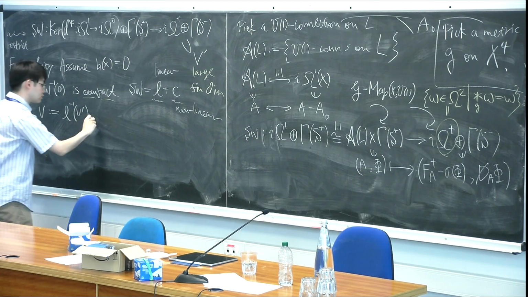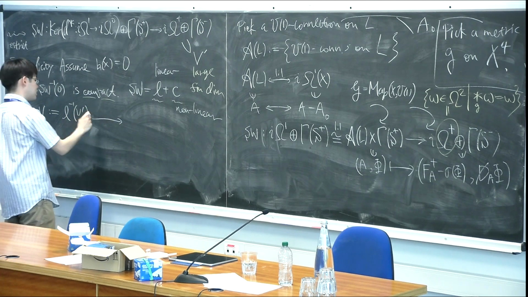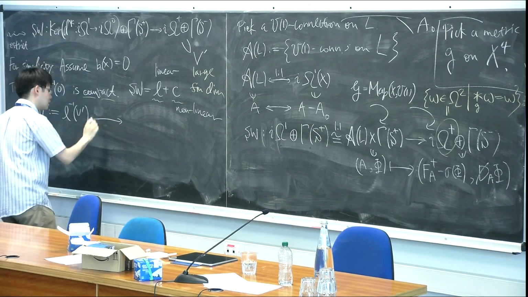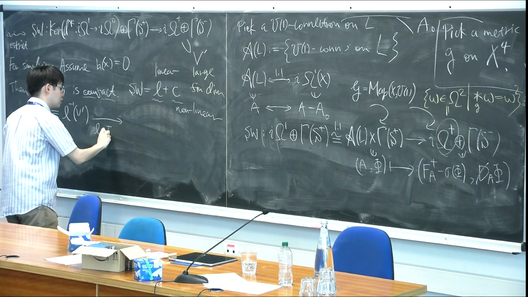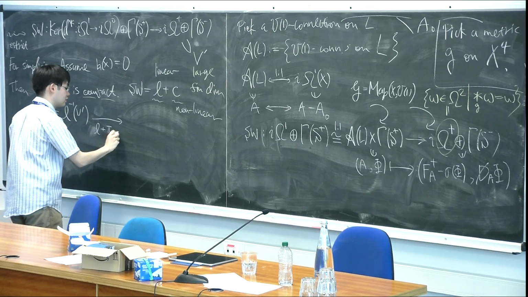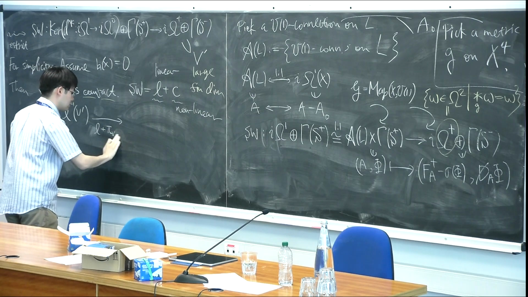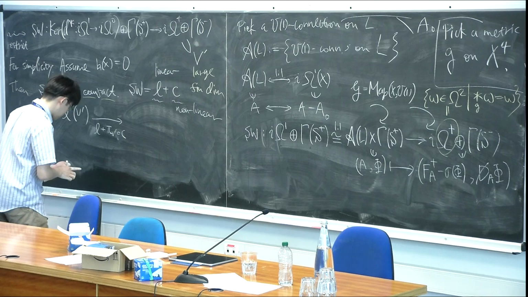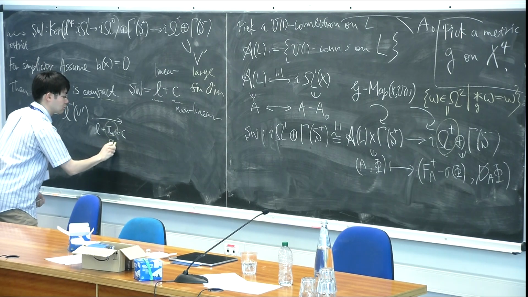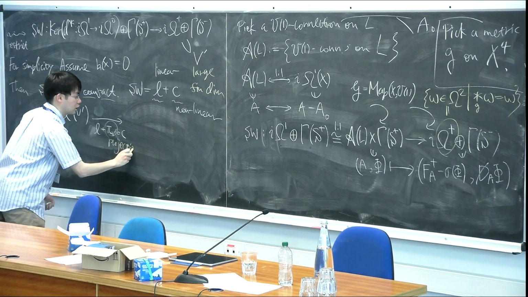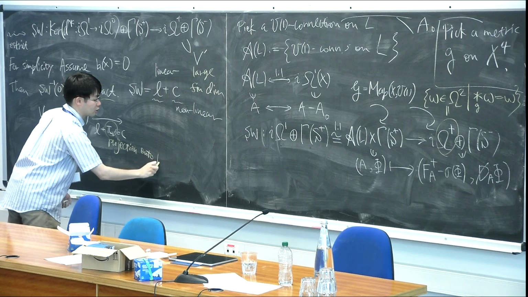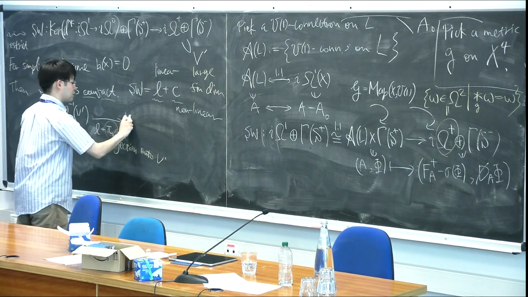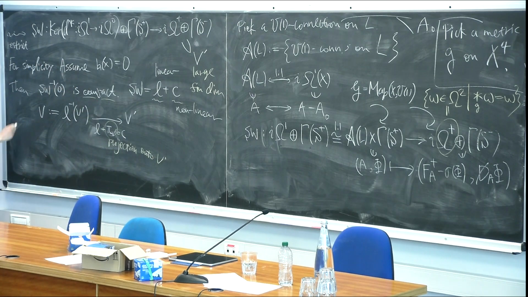Then you have a map given by L plus a projection of the nonlinear part, since the nonlinear part might run to somewhere else. So I'm going to take some projection onto V prime, mapping to here. And this is my map, this finite dimensional map.